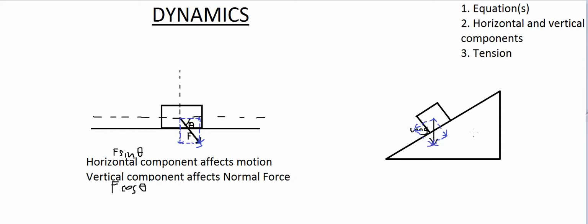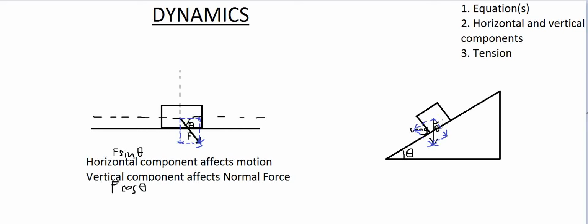To calculate the magnitude of these two forces, you firstly need to know this angle here, which is called theta again. If you use similar triangles, you will find that this angle theta is equal to the angle here, so this is also theta.